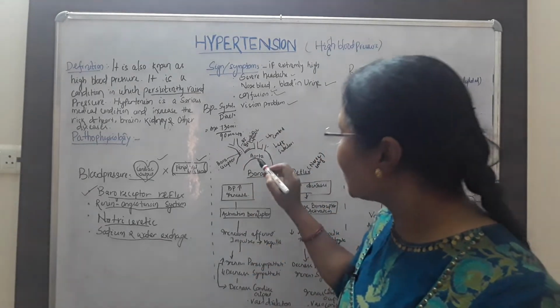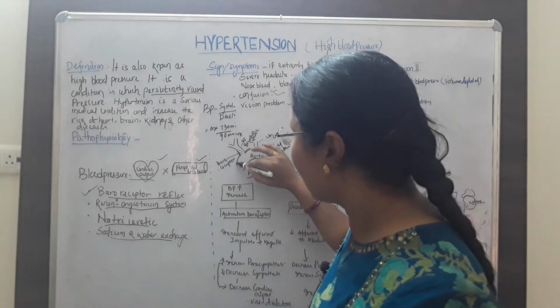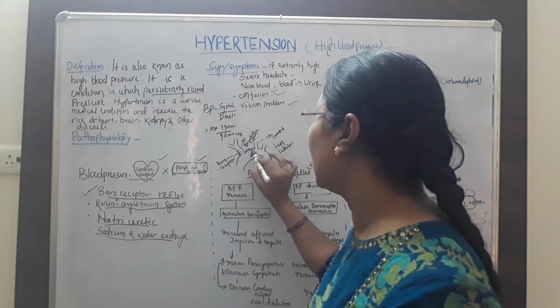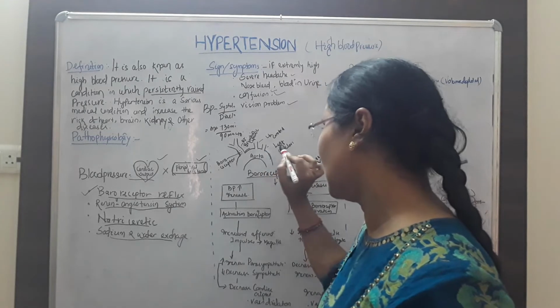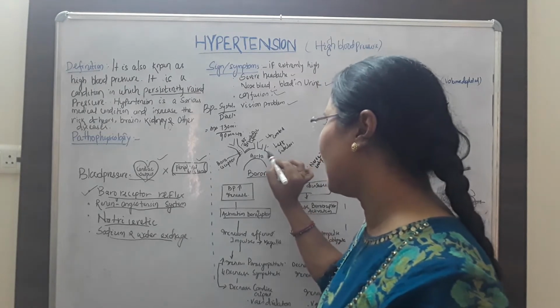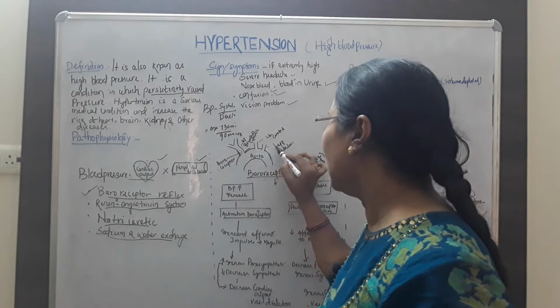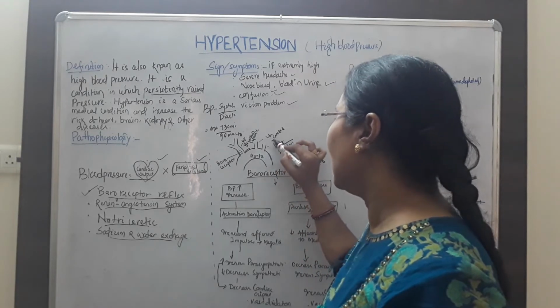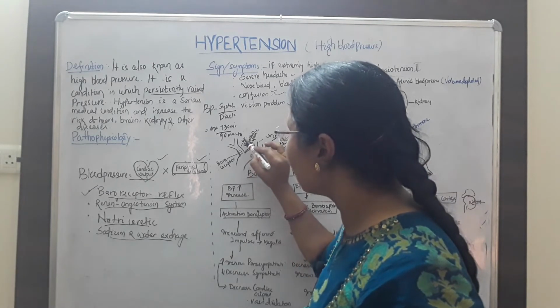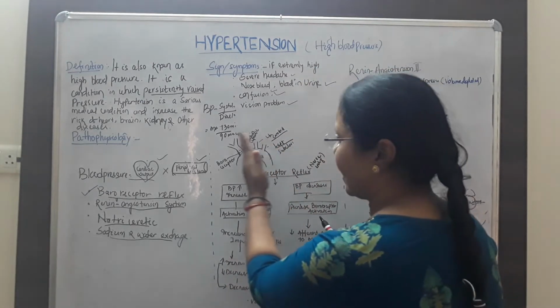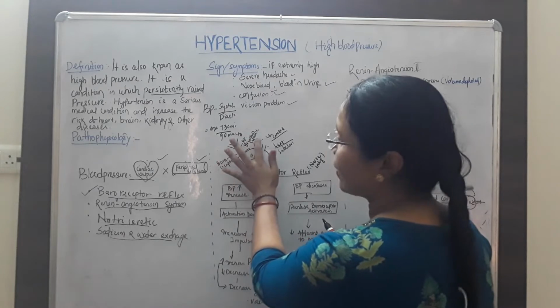From the arch of aorta, several branches start. This one is called the left subclavian, this one is the left carotid, and this one, as it is on the right side, is the right brachiocephalic.